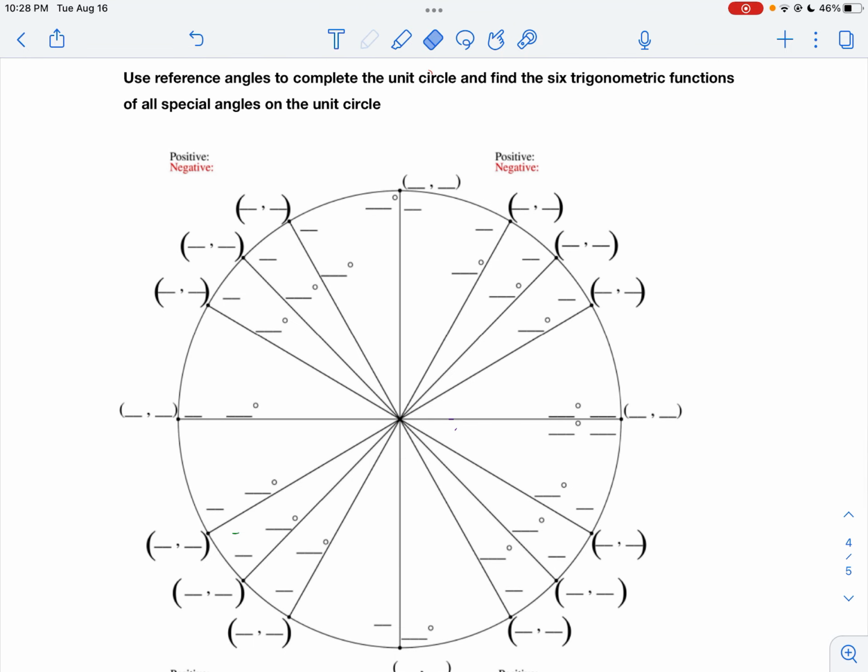All right, we are ready to complete our unit circle. So first thing I'm going to do is put in my degrees.